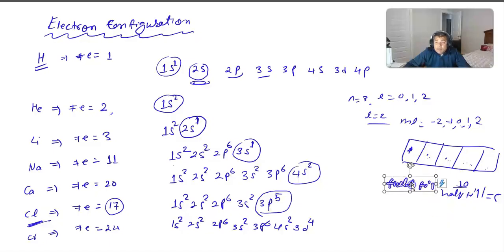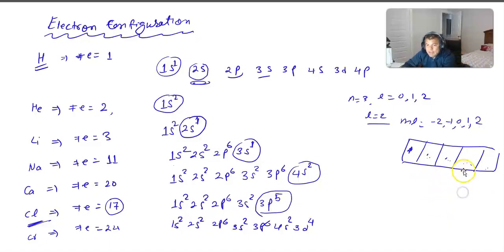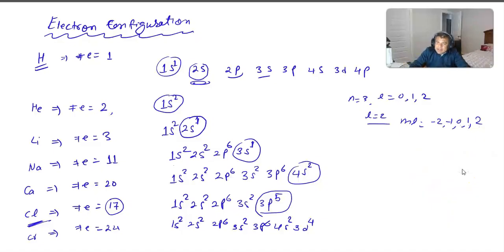But we have studied one other rule. Partially filled is less stable than half filled, right? So that's why if an atom has partially filled, it will try to make half filled. So what we'll do is, the nearest closest energy level is 4s1, and what will happen is one electron goes from here to here, and it will become 1s2, 2s2, 2p6, 3s2, 3p6, 4s2, no, 4s1 and 3d5.